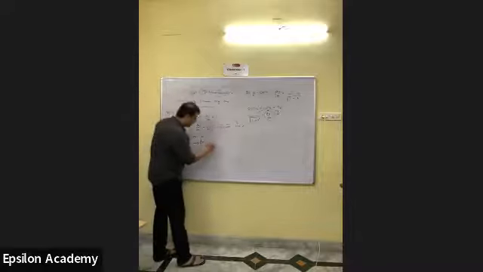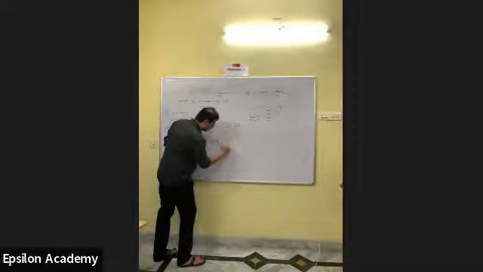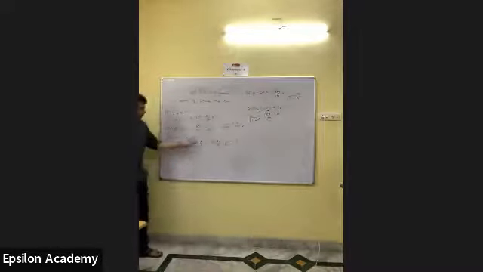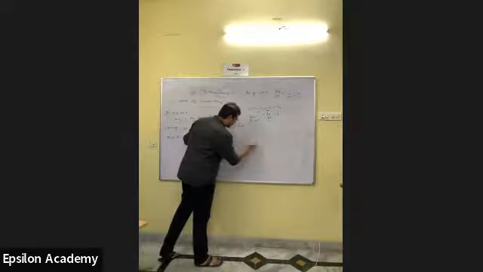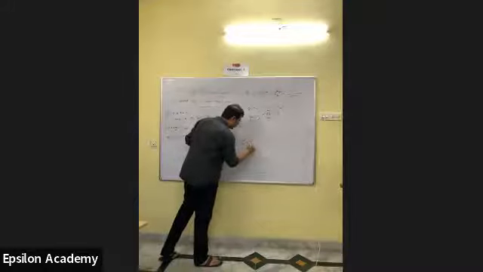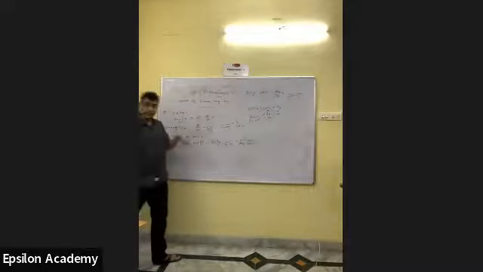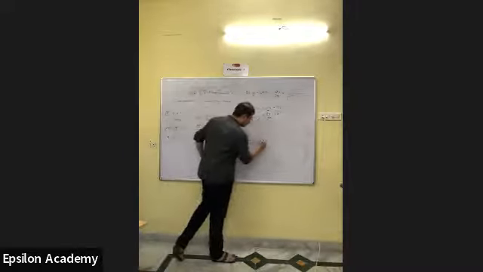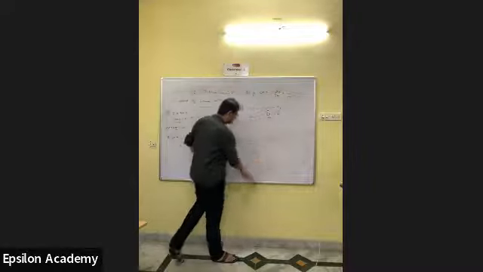Correct. dy by dx is 1 by secant y into tan y. See, secant y is x itself. Okay. So can I write this as 1 divided by secant y into root of secant square y minus 1? So this will be 1 divided by x into root of x square minus 1. That's the answer.